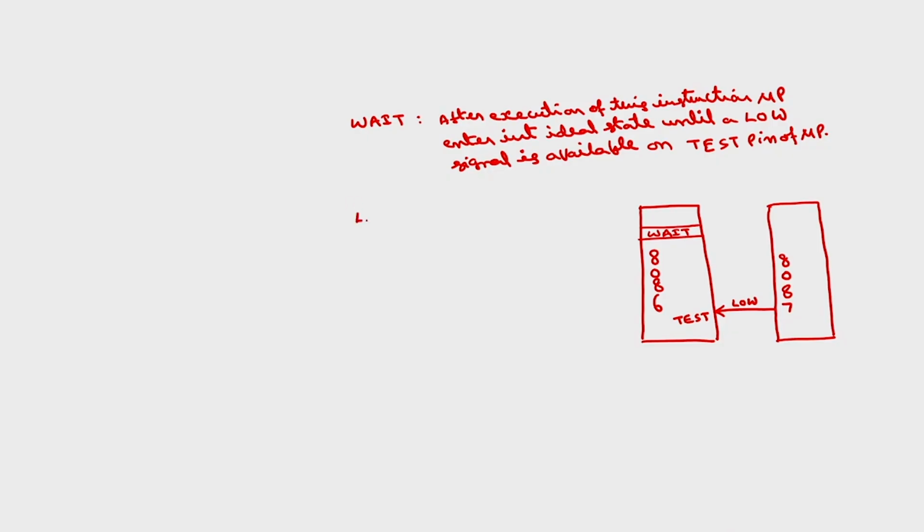Then we have the lock prefix. This is not an instruction, but it is a prefix. Whenever the lock prefix is used, for example, if I write lock move string byte, some instruction, if I add this lock prefix, then the microprocessor 8086 can be shared by different users, because 8086 in maximum mode operation can be operated in multiprocessor configuration.